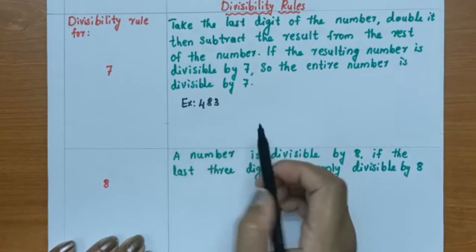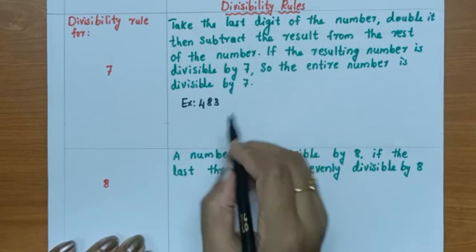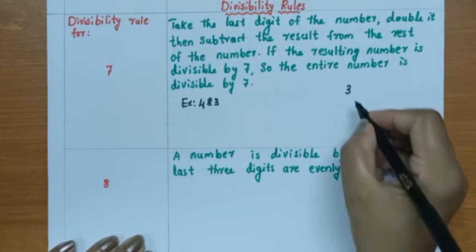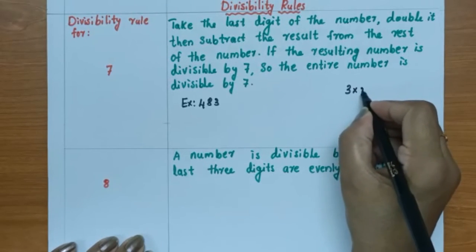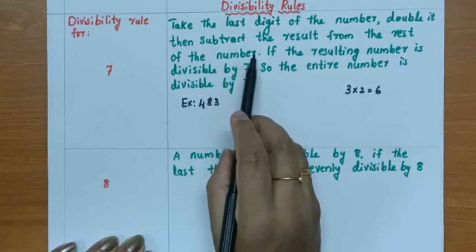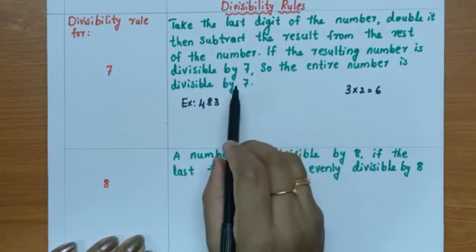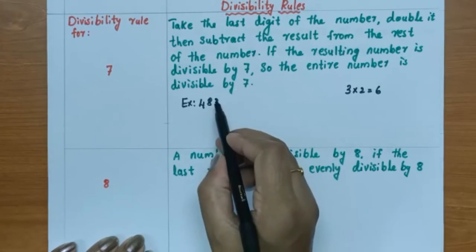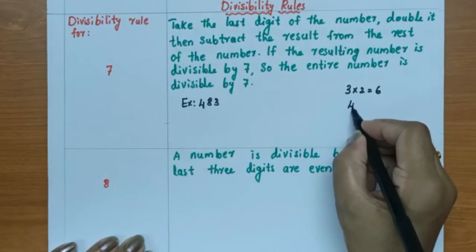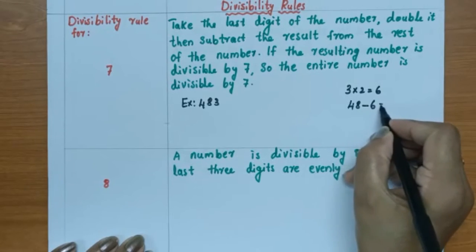483. Take the last digit of the number. Here the last digit is 3. Then double it. Double it means 3 multiplied by 2, it is 6. Then subtract the result from the rest of the number. Here when we take 3, the rest of the number is 48. Then 48 minus 6.